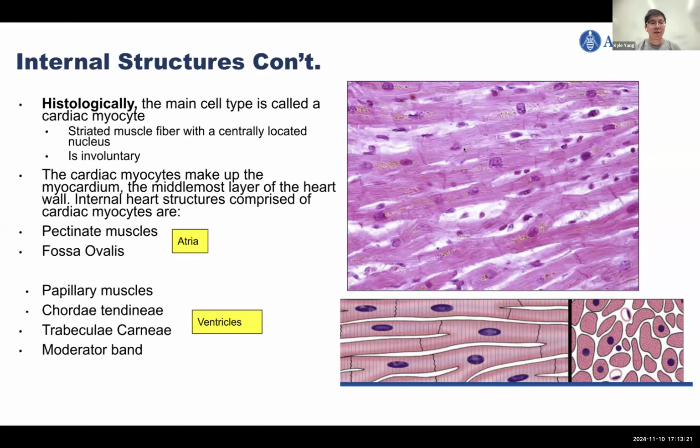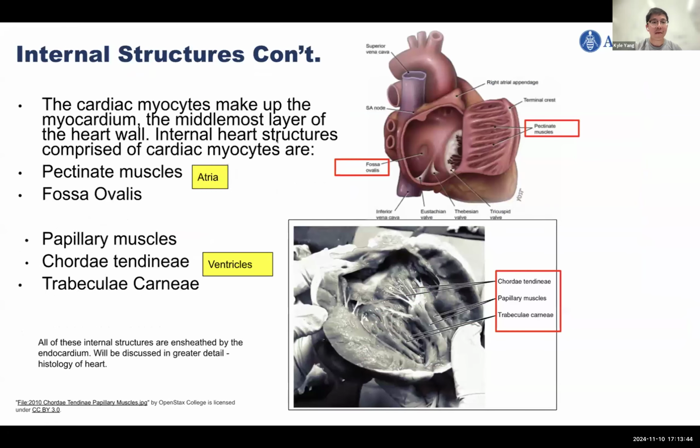And then the internal structures are also comprised of cardiac myocytes, and they include the pectinate muscles and the fossa ovalis in the atria, and the papillary muscles, the chordae tendineae, the trabeculae carneae, and the moderator band in the ventricles. And the histology section will talk a little bit more about these cells. I just wanted to give you a short overview here.